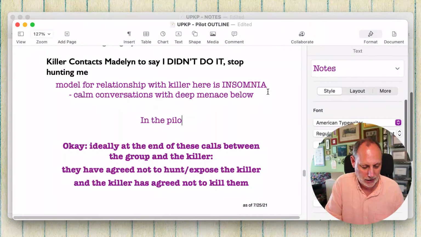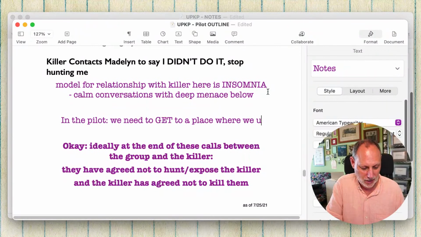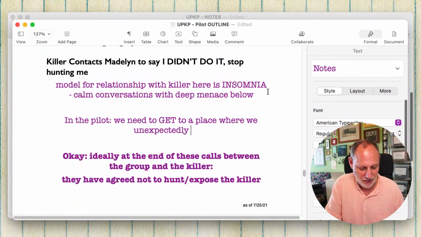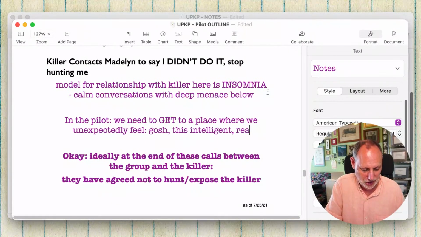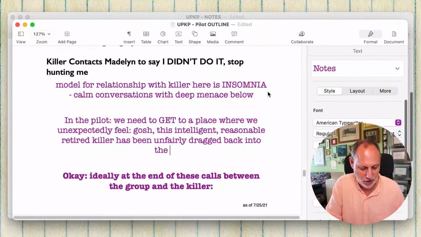In the pilot, we need to get to a place where we unexpectedly feel, gosh, this intelligent, reasonable, retired killer has been unfairly dragged back into the spotlight by George's murderer.